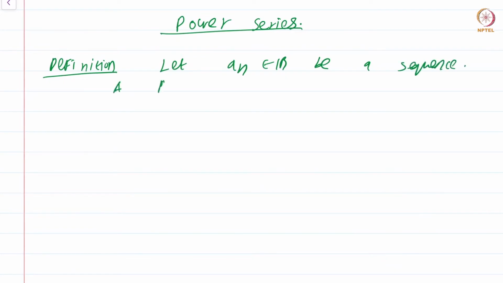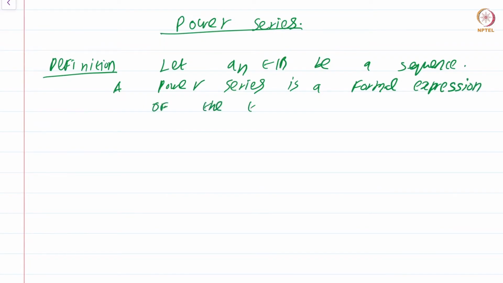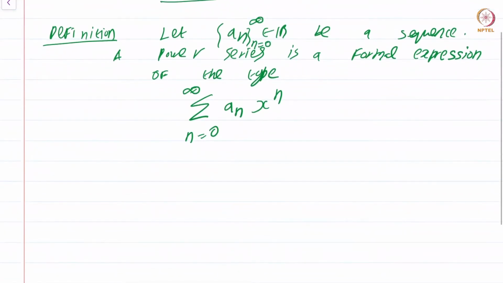A power series is a formal expression of the type summation a_n x^n, n running from 0 to infinity. So this sequence a_n is actually from n equals 0 to infinity. This is a sequence that is starting at the term 0.